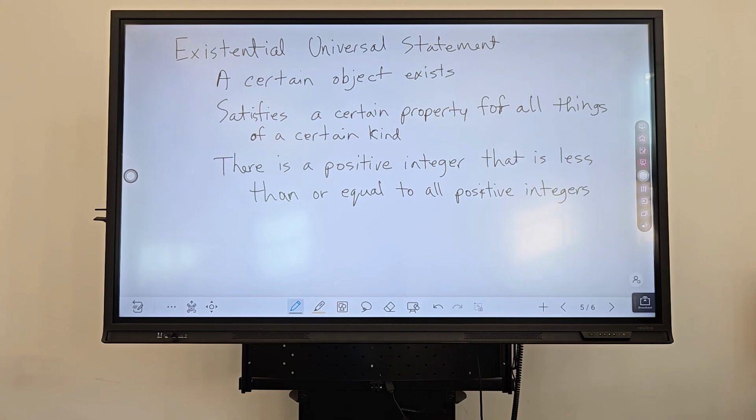Yeah, which one? One. It's less than or equal to all positive integers. All positive integers start at 1 and count up from there. So the number 1 satisfies this equation.